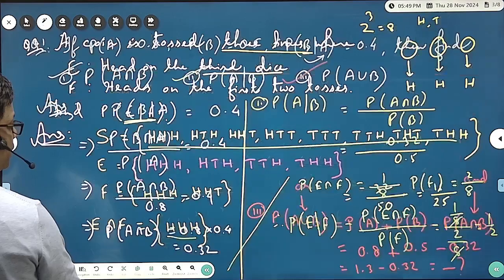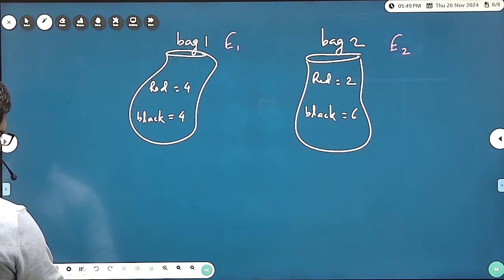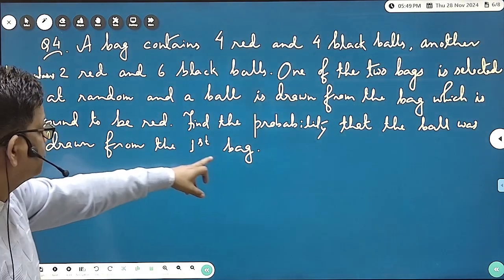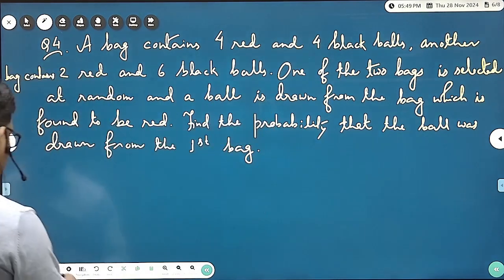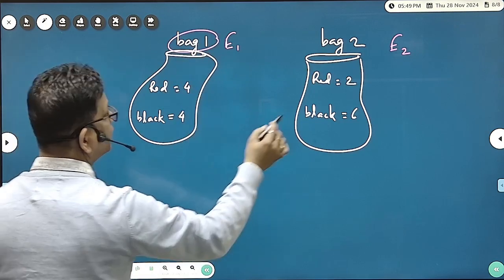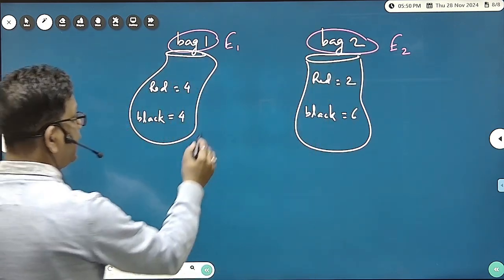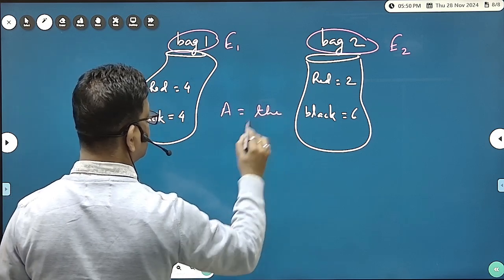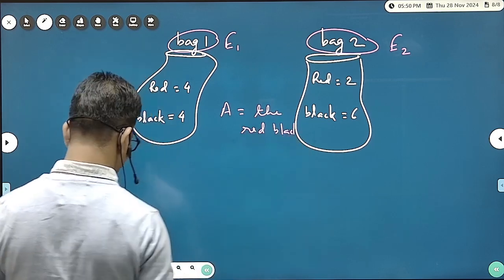Now here the condition is, when the ball is taken out, that ball is found to be which color? Red. So E1 is selecting bag 1, E2 is selecting bag 2. Now event A will take which one? The red ball, because the ball that came out was red.